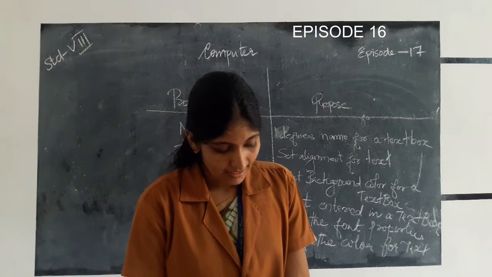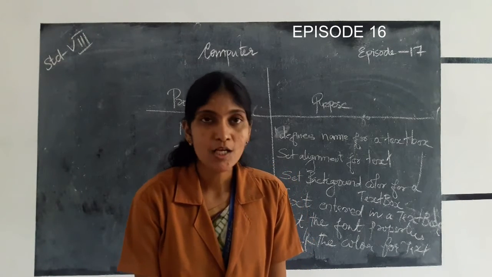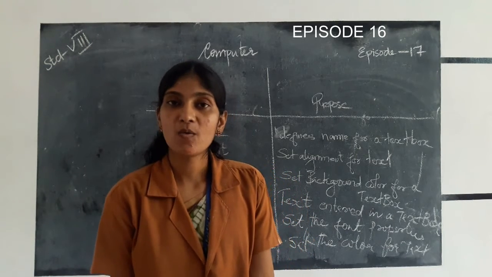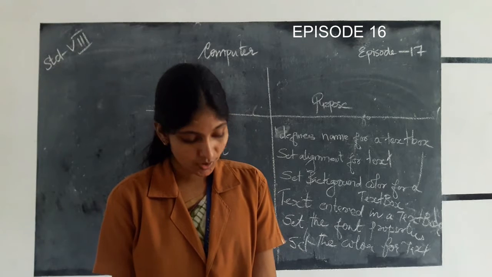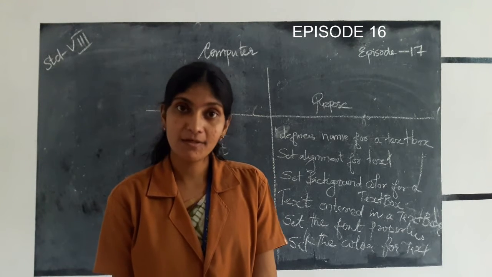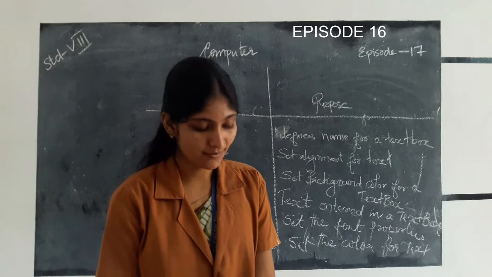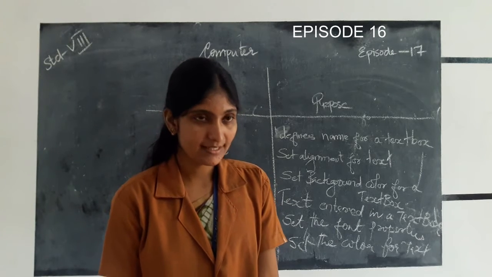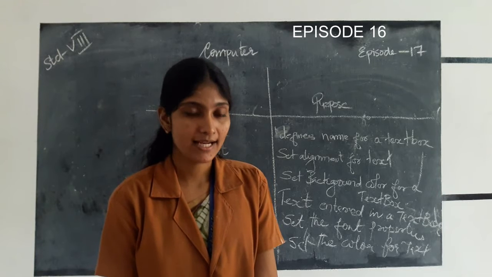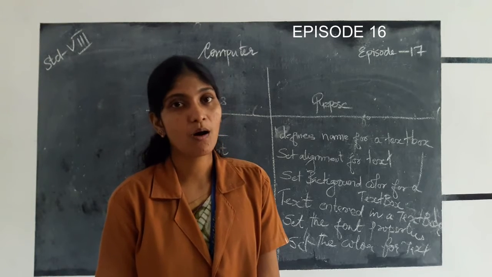Then next is visible. Visible is the property which defines whether the text box will be visible or not during the runtime.